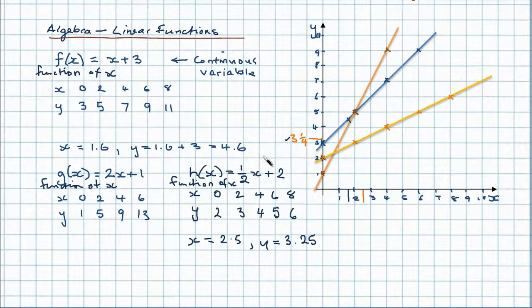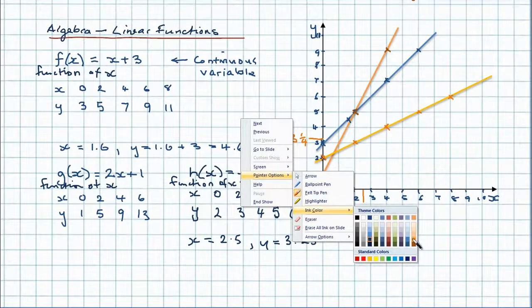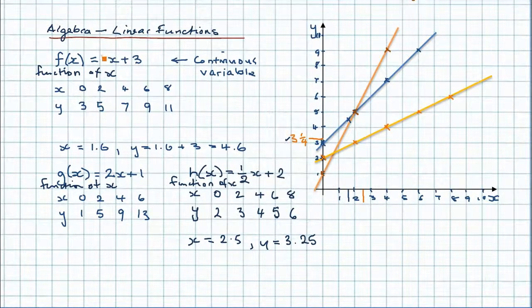The other thing that might be worth pointing out is that when we change the coefficient of x, we change the angle, the slope, if you like, how steep the angle was that the line was drawn at. So, for example, here we had, let's just get our pen back, let's just change the colour, a coefficient of x of 1.